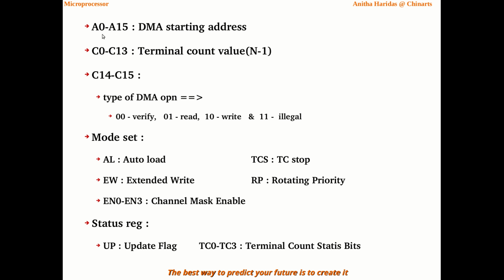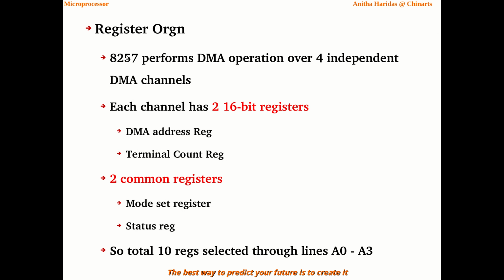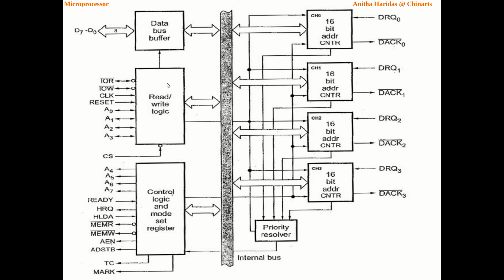So you need A0 to A15 for the DMA starting address, and the counter will be C0 to C13. You can see here A0 to A7 is here, then you have D0 to D7, right? So these are the pins available, A0 to A7. So 8-bit addresses are coming in and 8-bit data lines are there, right?